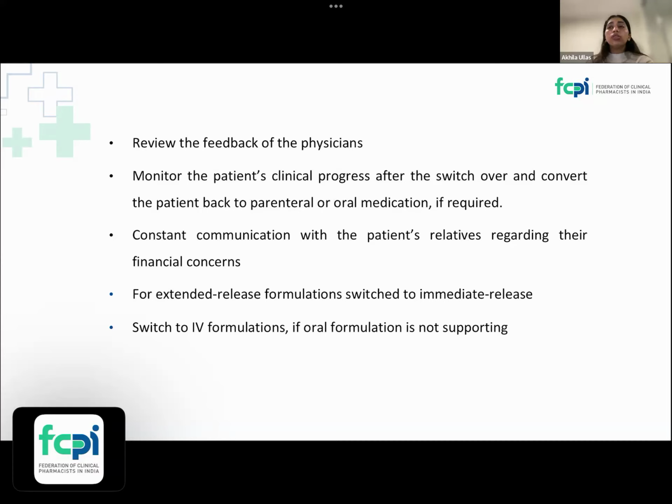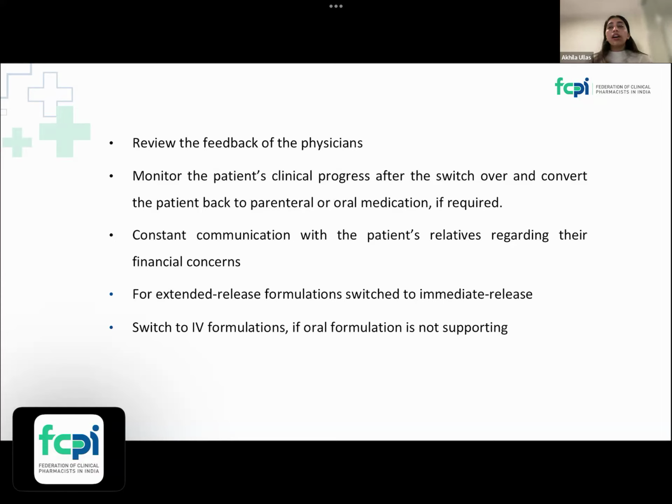You need to talk about the cost of the medications going to the patient. So there should be proper communication about the cost of the medications.